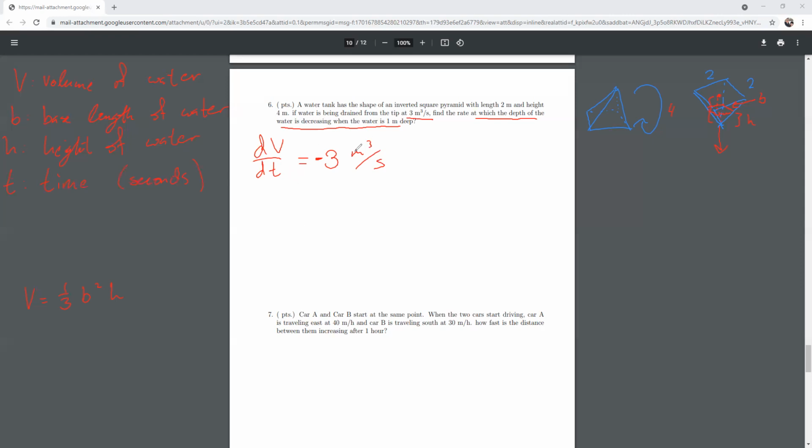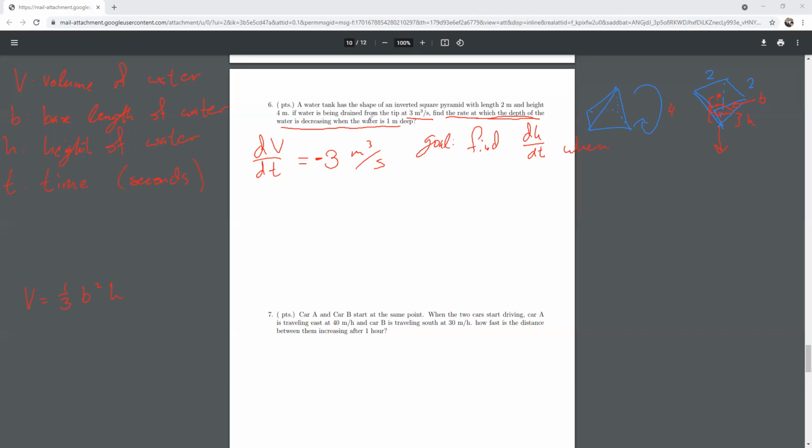Okay, so what other things do they tell us? Find the rate at which the depth of the water is decreasing when the water is 1 meter deep. Okay, so rate at which the depth of the water. So depth of the water means height in our case. So find, this is our goal, find the rate. So that's the rate, like that, right?